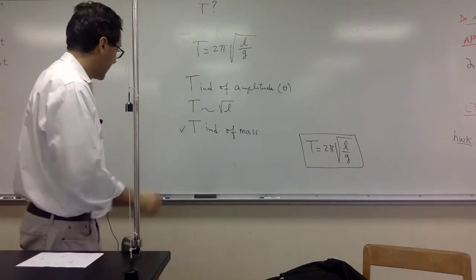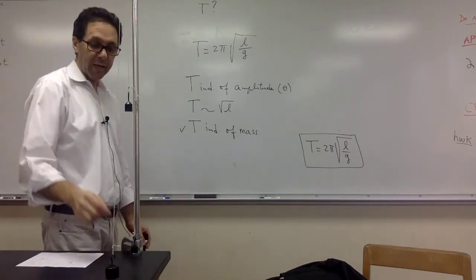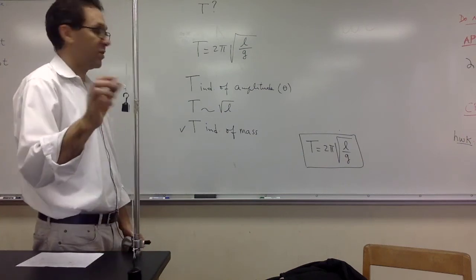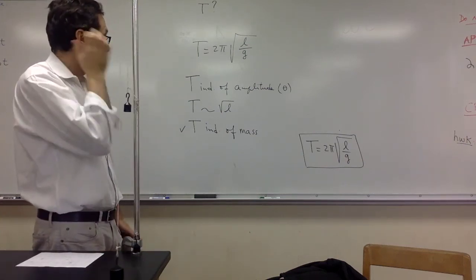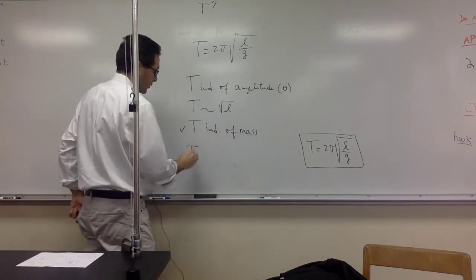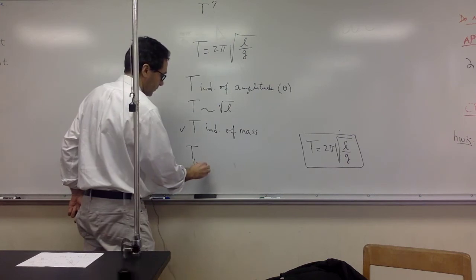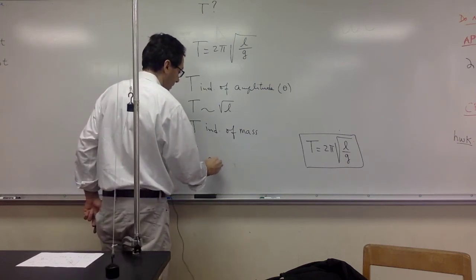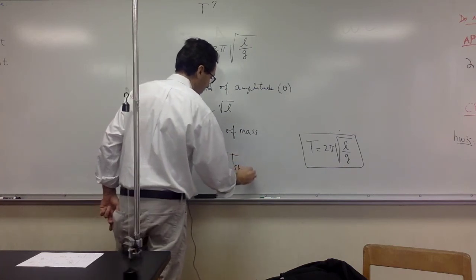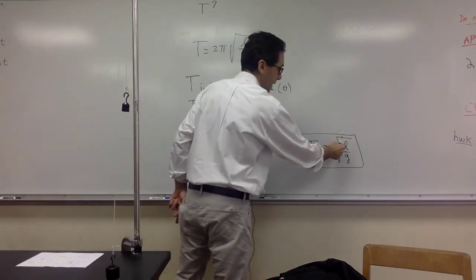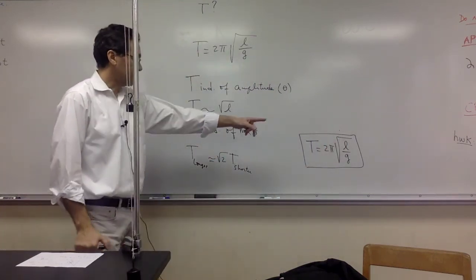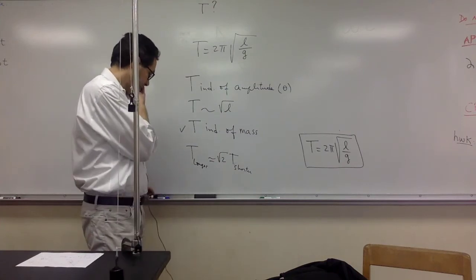I'm going to ask you to calculate the period of the longer one and the period of the shorter one, and compare them. Based on this formula, the period of the longer one should be about radical 2 times the period of the shorter one, because the longer one has a length that's twice as much. So that 2 comes out as a radical 2 on the outside.